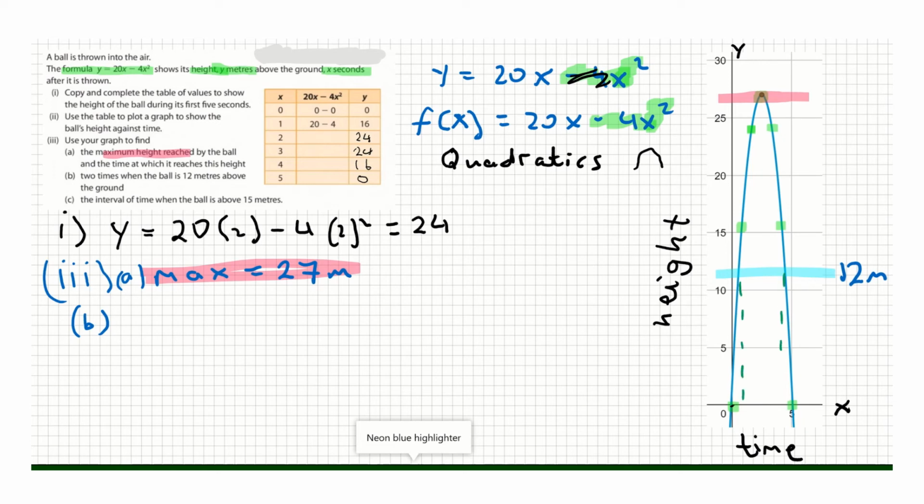Here and here. Okay, again, we could definitely do with a better graph. So after 0, we go back in here, look at our table. After 0 seconds, the ball is 0 meters. And by 1 second, it was 16 meters. So it has to be before 1 second. I think it's fair to say 0.75 seconds.